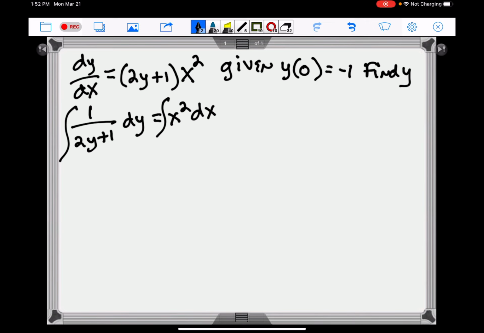Okay, I'll do this side first. This is the easy side. Power rule. Nope. Well, not yet. It's a U substitution. What's my U? There you go.